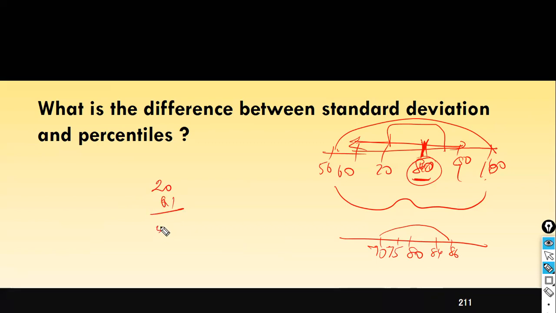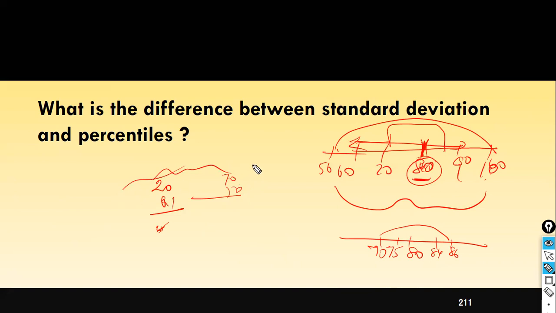At the 25th percentile, and then the 50th percentile, the middle value, 50% of the values are less than or equal to 70 in your given data set.